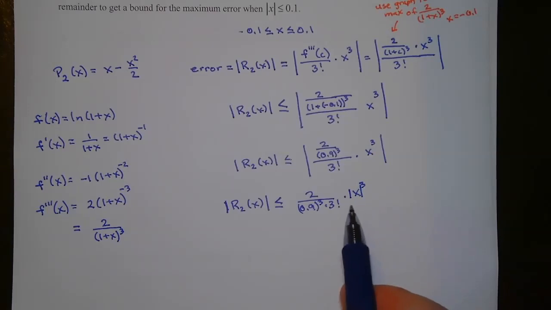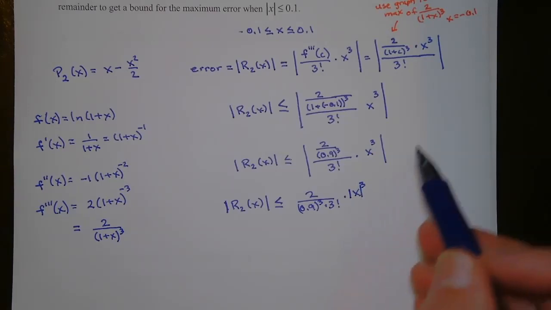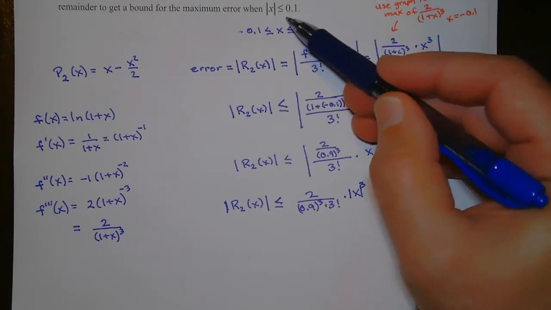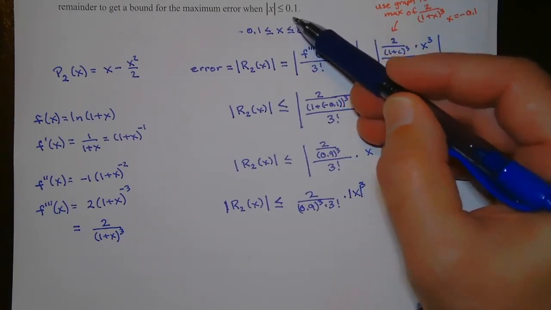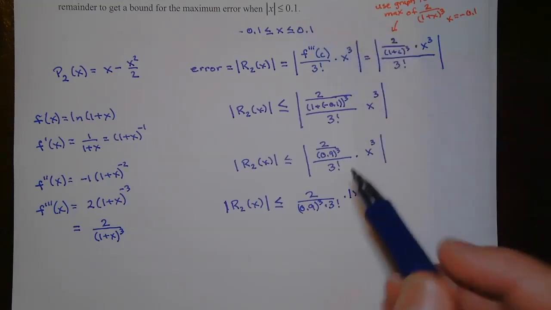The 2, the 0.9 cubed, and the 3 factorial are all positive, so we don't need absolute values for those. The absolute value of x from up above has to be less than or equal to 0.1.